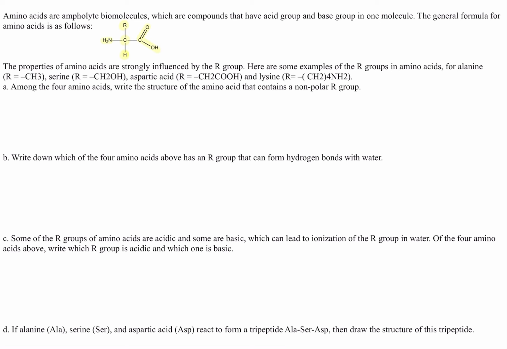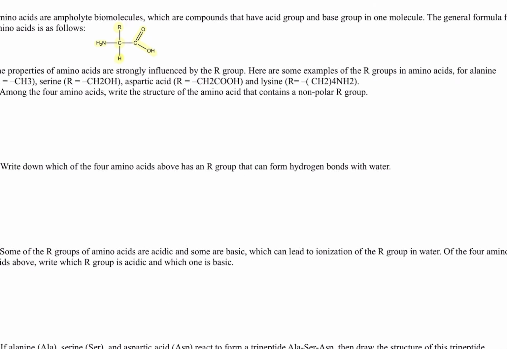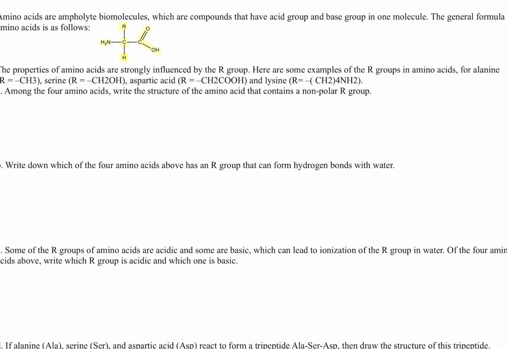So basically, here we want to compare 4 amino acids. Now, for example, if we want to draw the structure of alanine, we will have COOH, and then we will have the carbon, we have the hydrogen, we have the amine over here, and then we also have the R group for alanine, which is CH3.